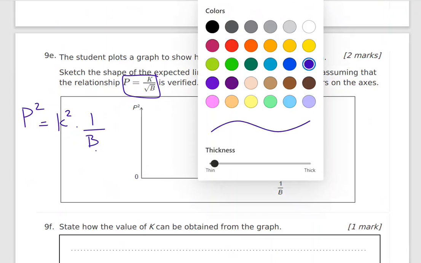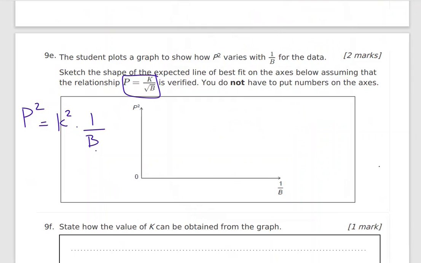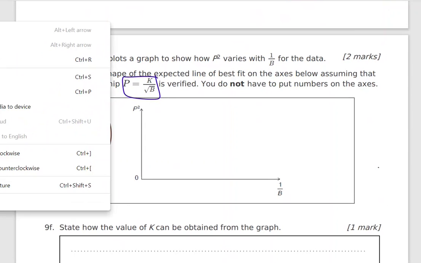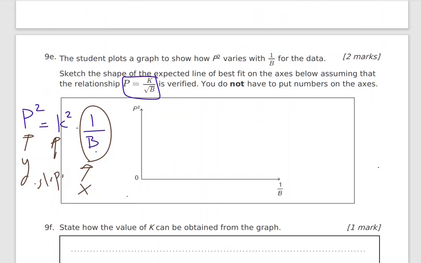Now this is linearization, which we studied in the last lesson on uncertainty, before we studied vectors. P squared will be drawn on the y-axis, 1 over B on the x-axis, and this will be the slope. So you should get a straight line starting from 0. The slope of this straight line will be K squared, so the equation is P squared equals K squared times 1 over B.